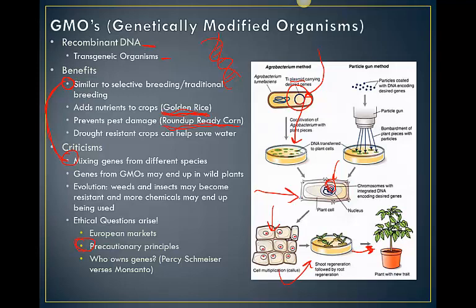The final ethical question is actually a Supreme Court case, Percy Schmeiser versus Monsanto. It really comes down to, when we're genetically modifying these, who owns the genetically modified genes? Nobody owns corn. Nobody has a patent on corn. But if I've genetically modified my corn, do I own a patent on that? Do I own that corn?